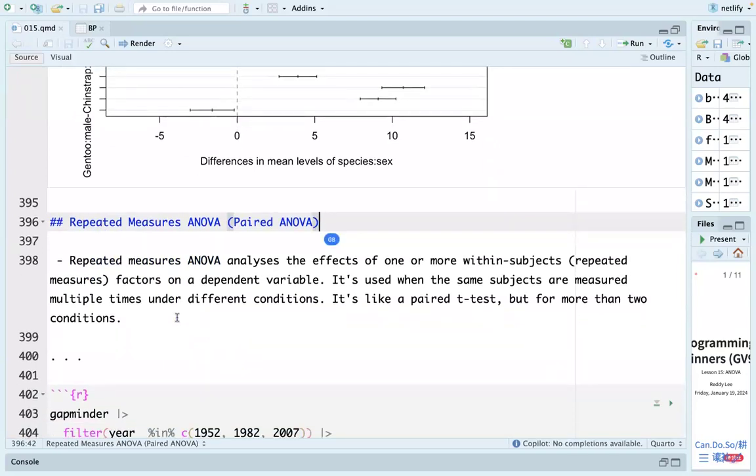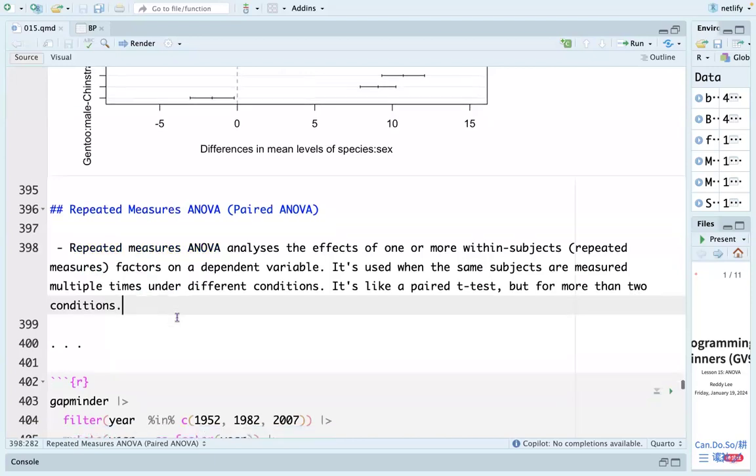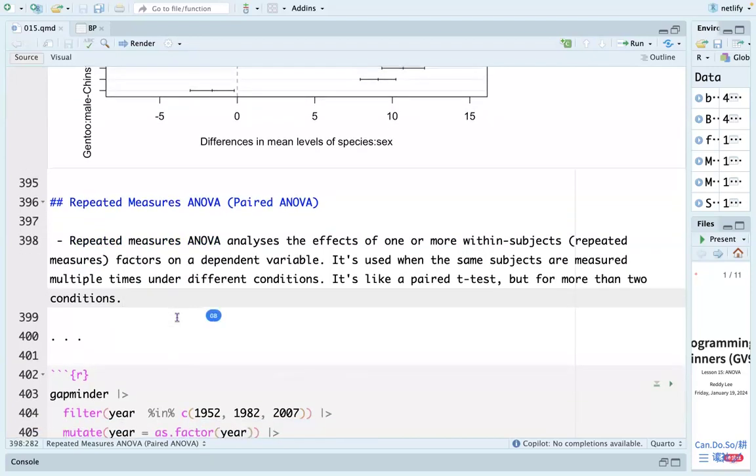Okay, now the last part, we go to the repeated measures ANOVA. Repeated measures ANOVA is like a paired ANOVA, compared to the paired t-test, because we compare the same group at their different stages or different conditions.